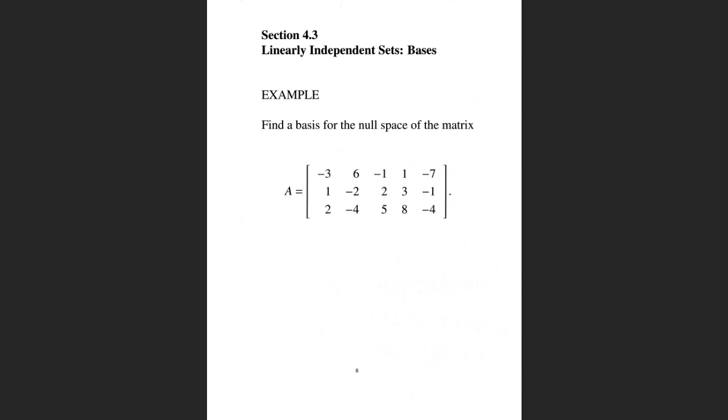Okay, so to find the null space of a matrix, of course, we're going to solve the system A times X equals the zero vector.